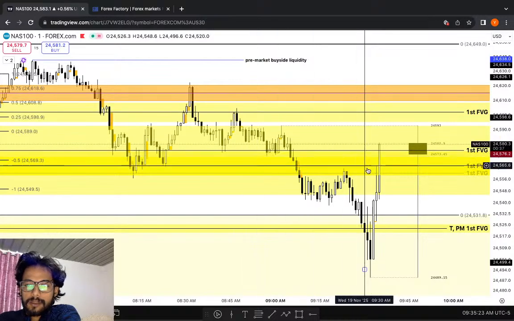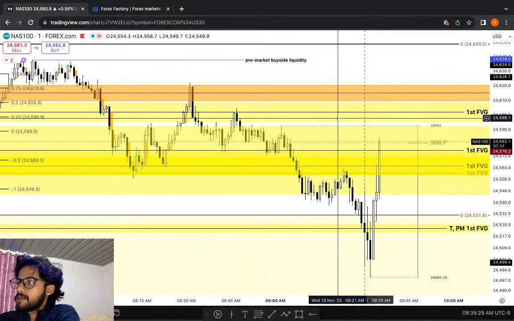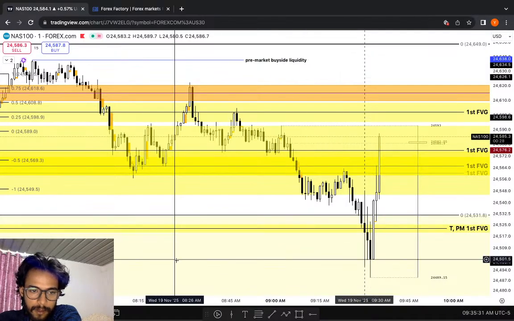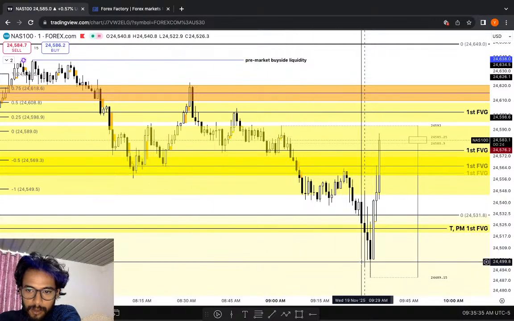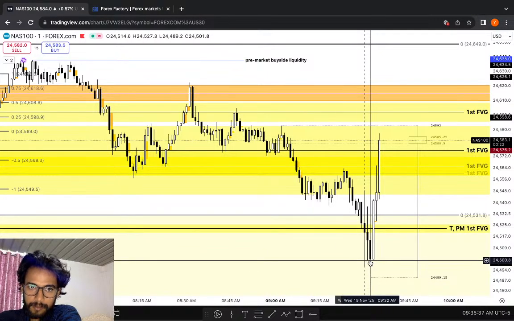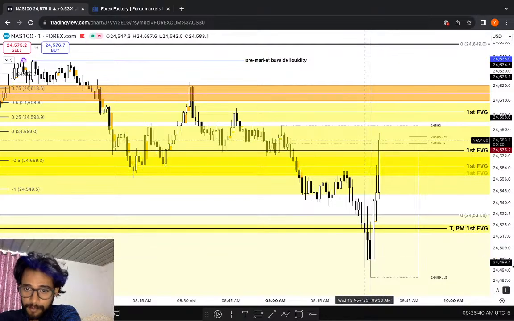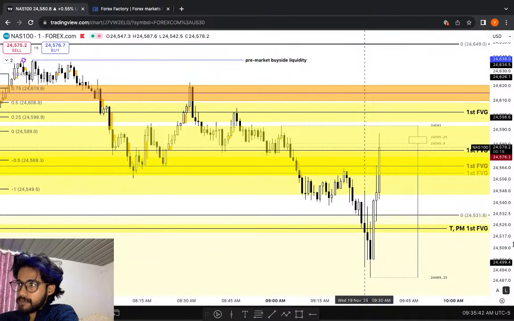Look at that. The 2.5 standard deviation is 490.3 and the low here is 489. Just a difference of 1 point right there.